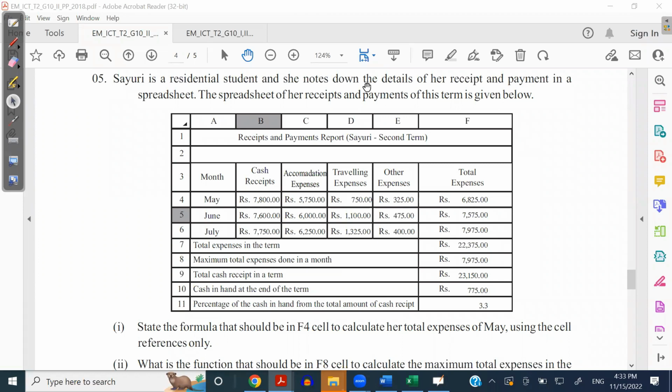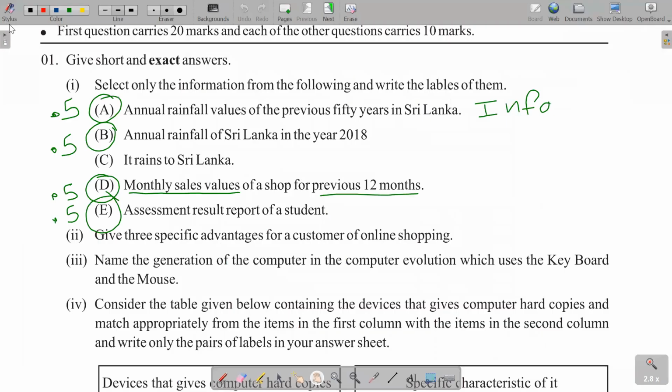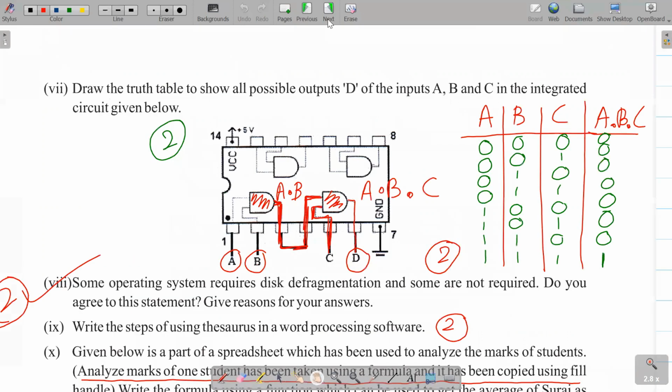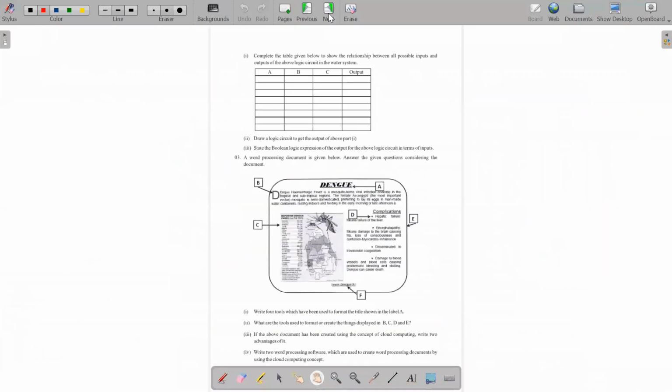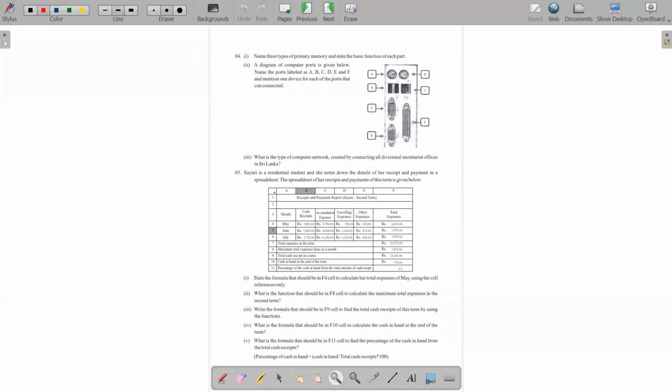Right. So the first question that they're asking is, they have given the spreadsheet and it has the cash receipts, which is, let me check the open code. Yeah, over here.